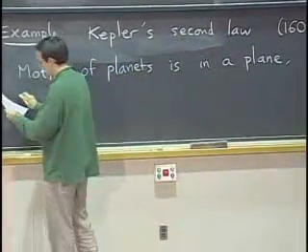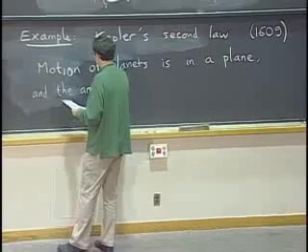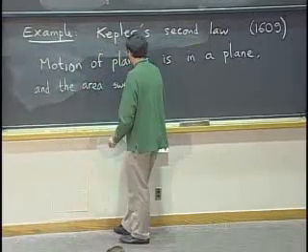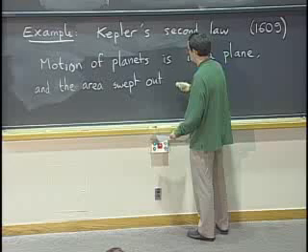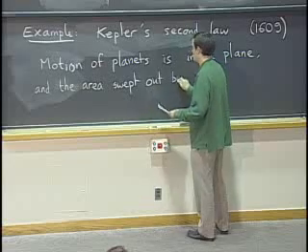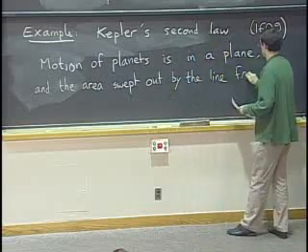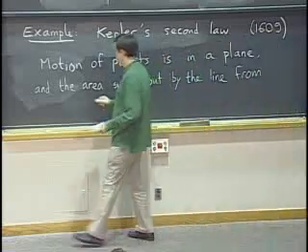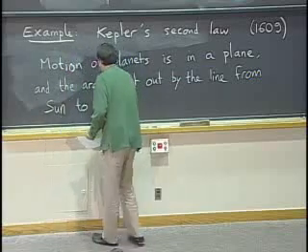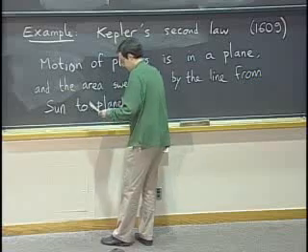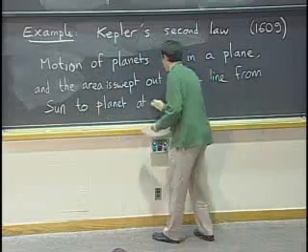And second, the area swept out by the line from the sun to the planet is swept at a constant rate.